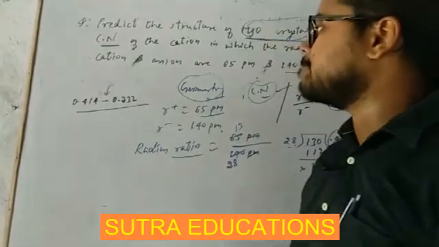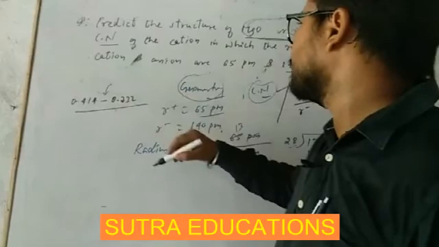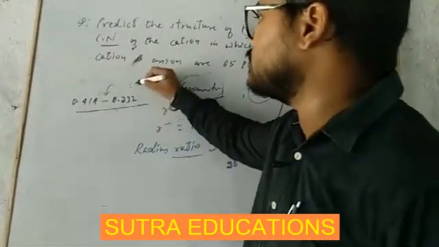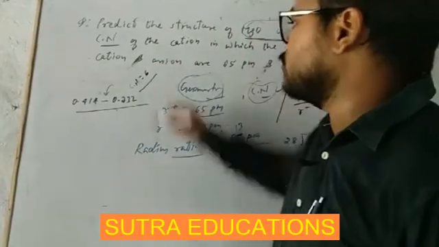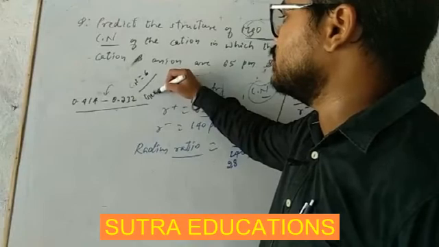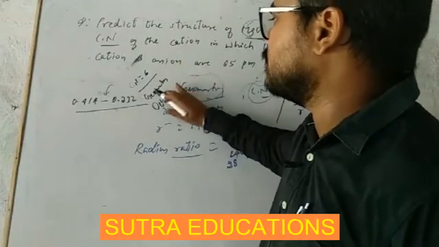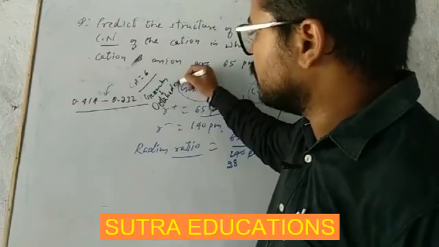So the coordination number in this case is equal to 6, and the geometry in this case is octahedral. Got it?